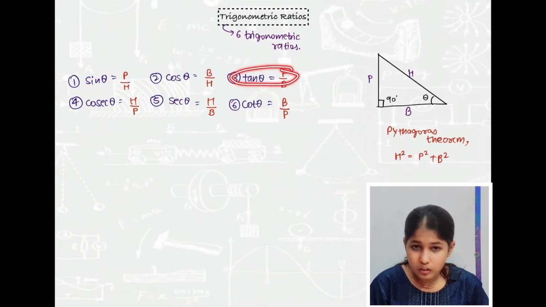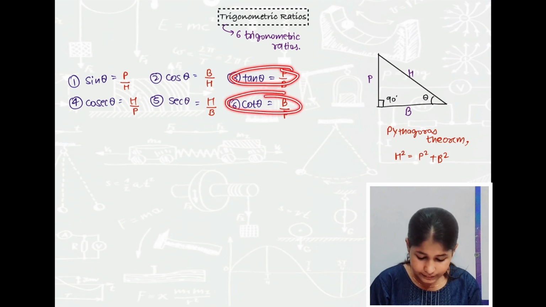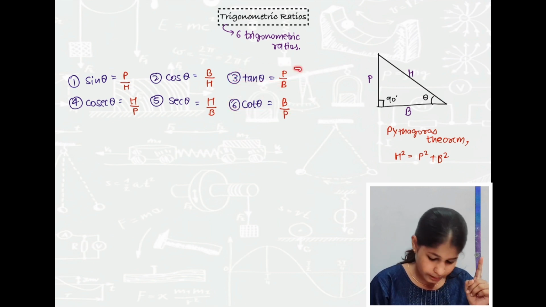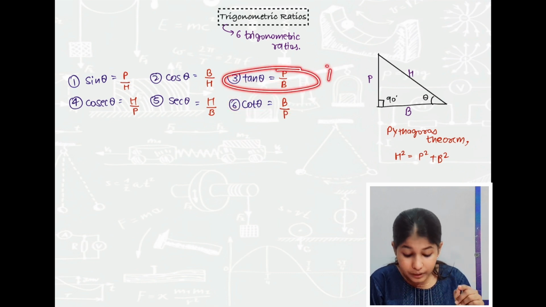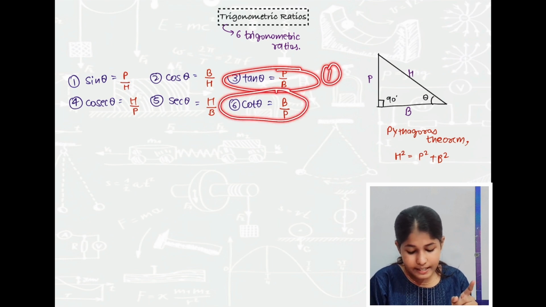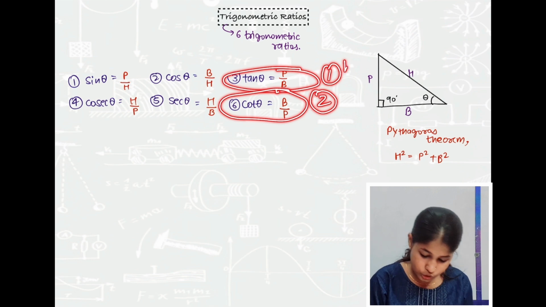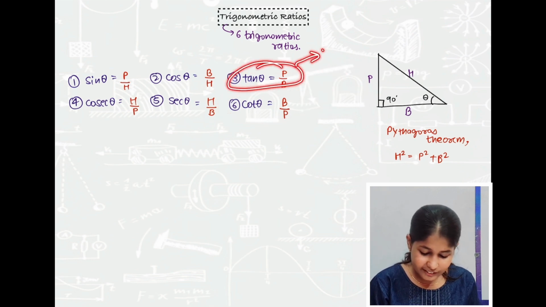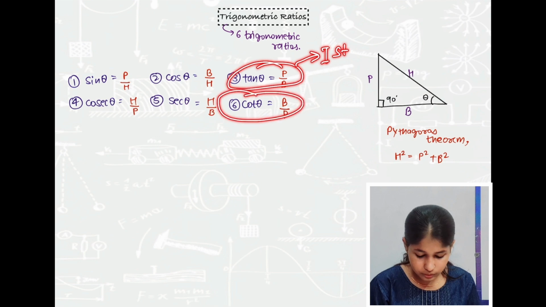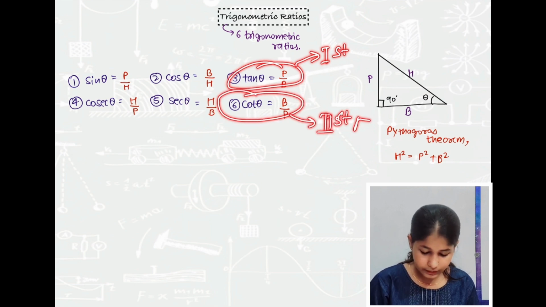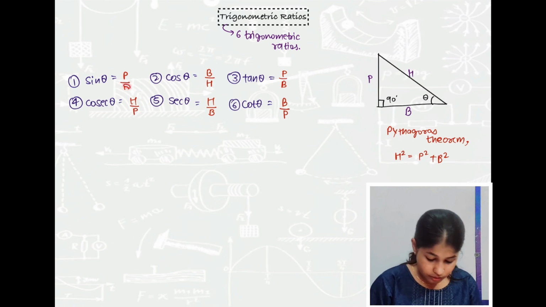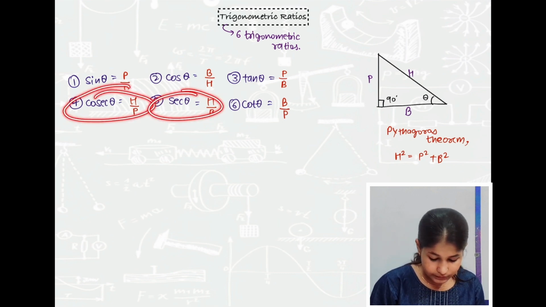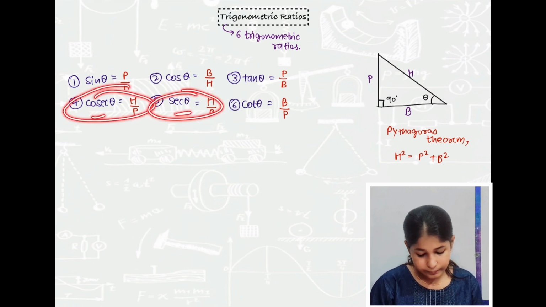As you can see here, tan is coming first and cot is coming in second position. You just have to give the position. Tan is in the first position, cot is in the second position. So you just have to imagine which will come first, cosec or sec.